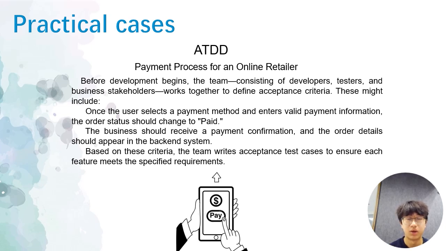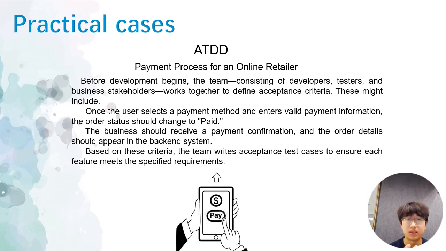This might include: once the user selects a payment method and enters valid payment information, the order status should be changed to paid, the business should receive a payment confirmation, and the order details should appear in the backend system. Based on these criteria, the team writes acceptance test cases to ensure each feature meets the specific requirements.